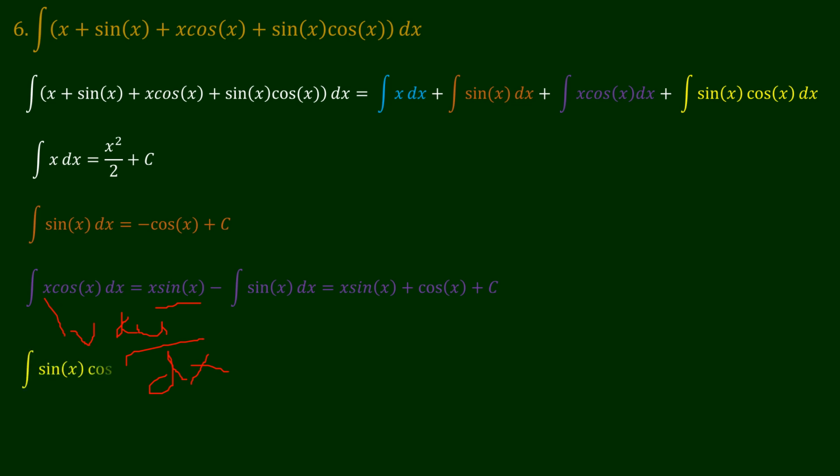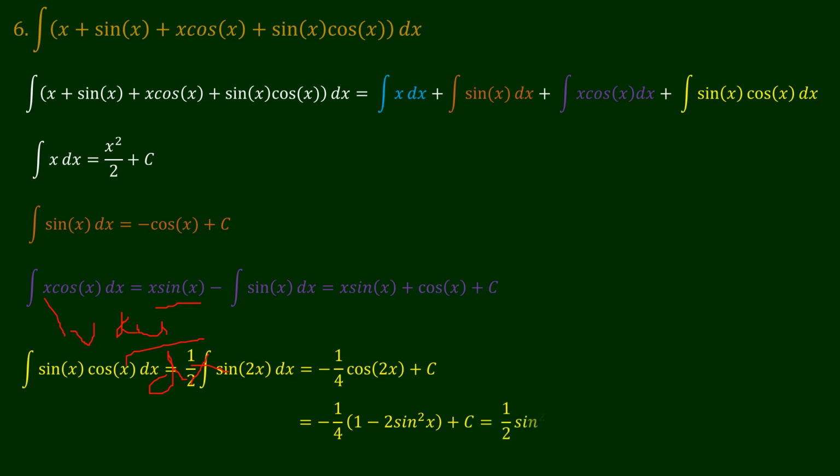And then lastly, the integral of sine x cosine x, we can combine sine x cosine x into half of sine 2x, and therefore the integral of sine 2x is negative a half of cosine 2x, so a quarter cosine 2x with a negative sign. And then we can now expand cosine 2x and express it in terms of a single angle.